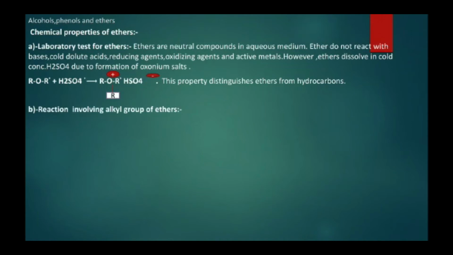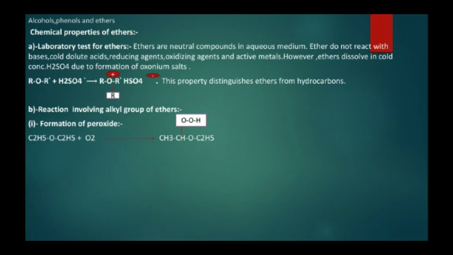Now reactions involving the alkyl group of ethers. First, formation of peroxide. When an ether like diethyl ether reacts with excess oxygen from atmospheric air, then it forms the corresponding peroxide.